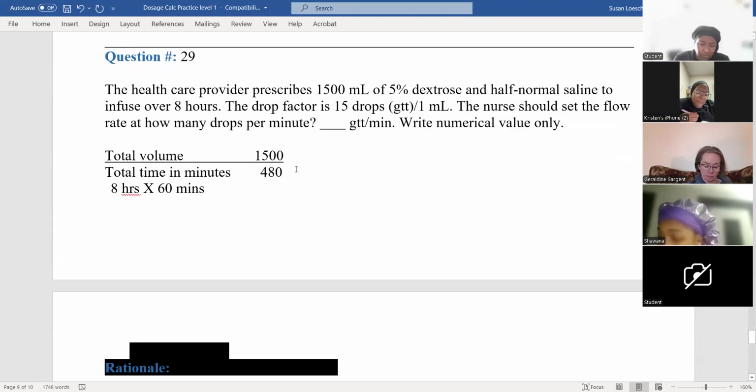Now we're going to divide that, and we're going to multiply times our drip factor, which is 15. Again, this is mLs. This is minutes. This is drops per ml, GTT per ml.